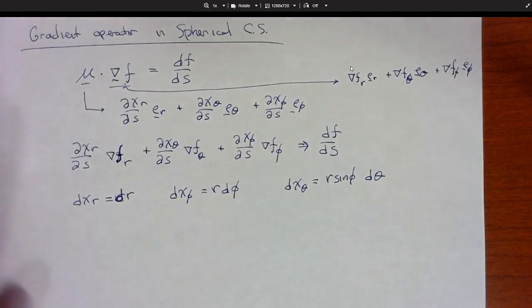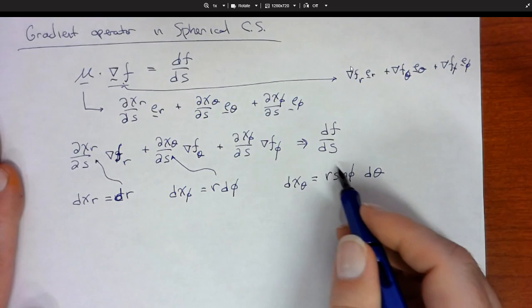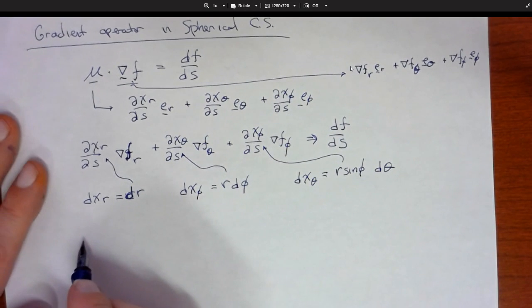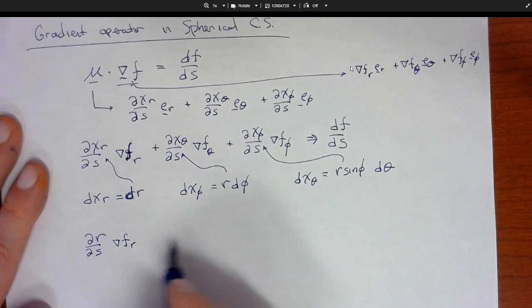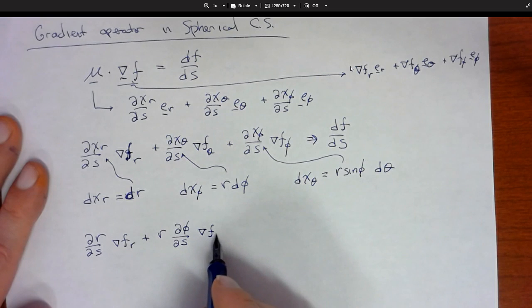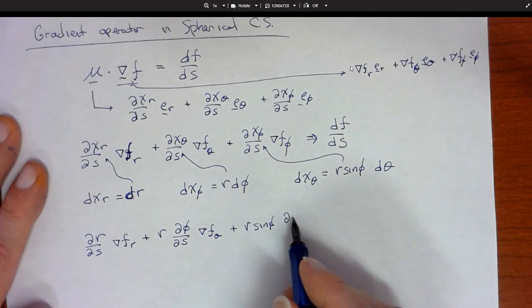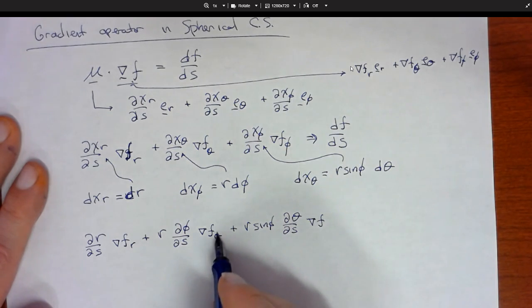All right. So now if we have that and substitute this into here, this into here, and this definition into here, you'll see that we have dr/ds times that radial component, plus r d phi/ds, and then r sine of phi d theta/ds.